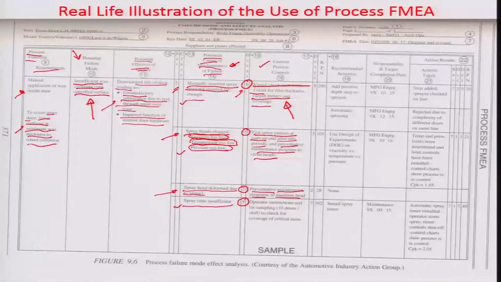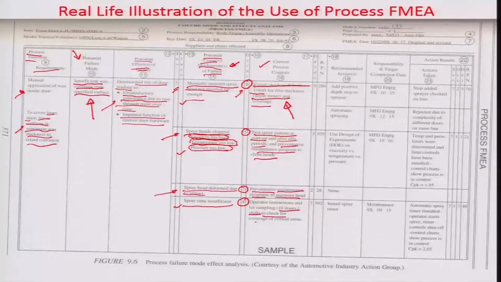But then again it is after certain time intervals, and what happens if something happens in between is also not covered. And for the spray time insufficient, probably there is a 10 doors per shift checkpoint done by a certain supervisor to ensure that if some operator is untrained and is not doing the job properly and the spray time is insufficient, there is a check for the coverage issue of the wax on the door inner.